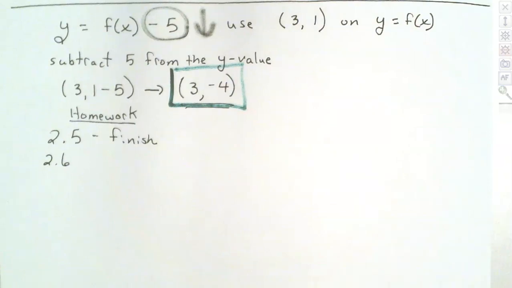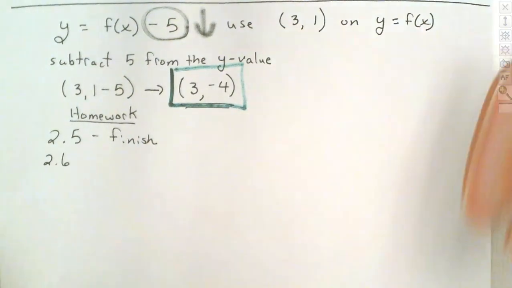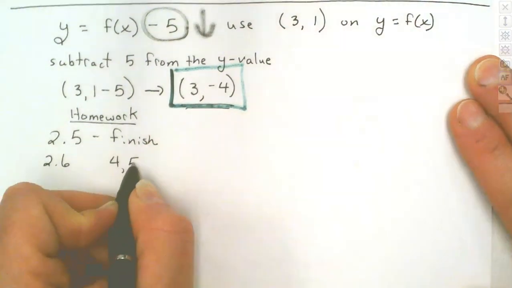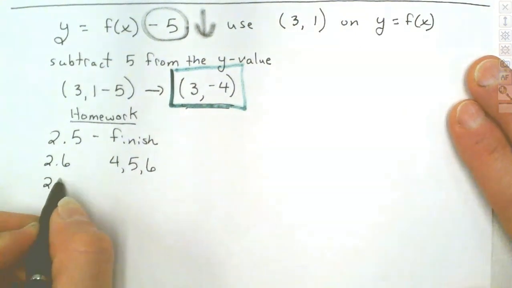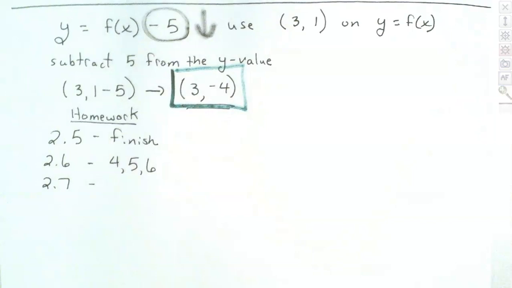So in 2.6, you should be able to do 4, 5, and 6. And then 2.7, I believe that we finished it all. We'll finish up 2.6 next time. It's easier to do 2.7 first.